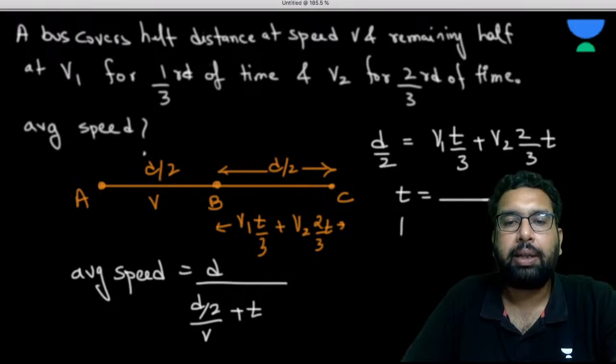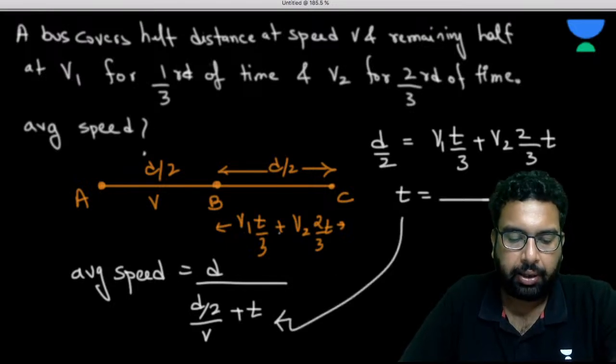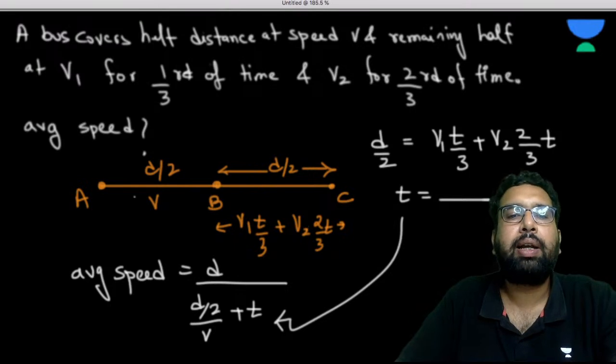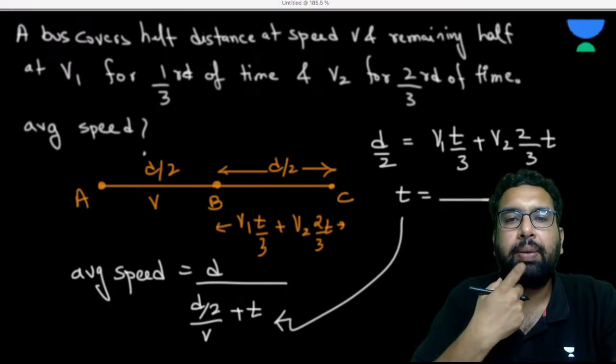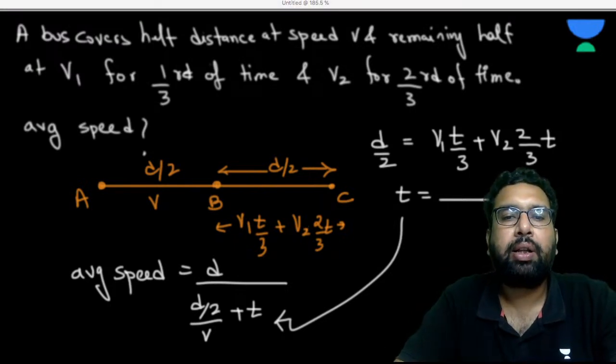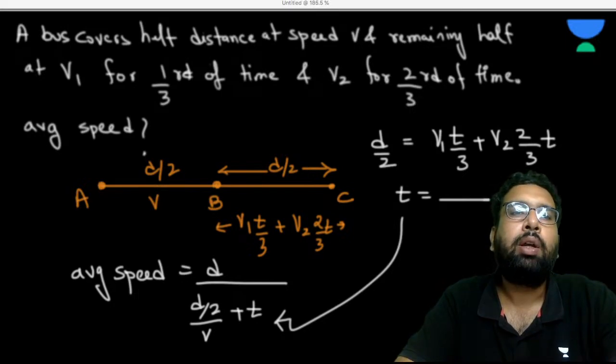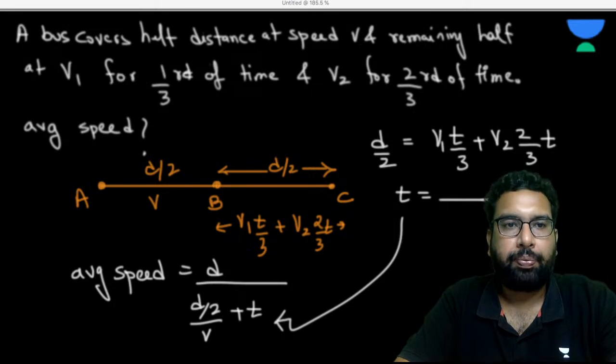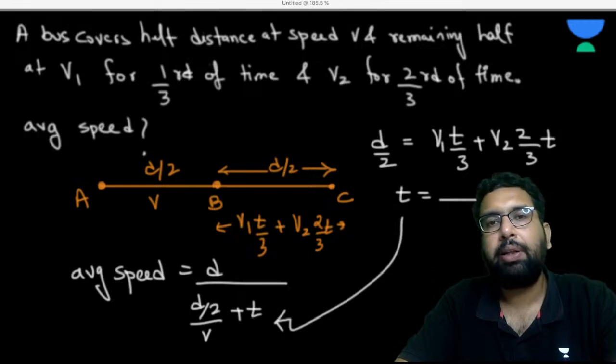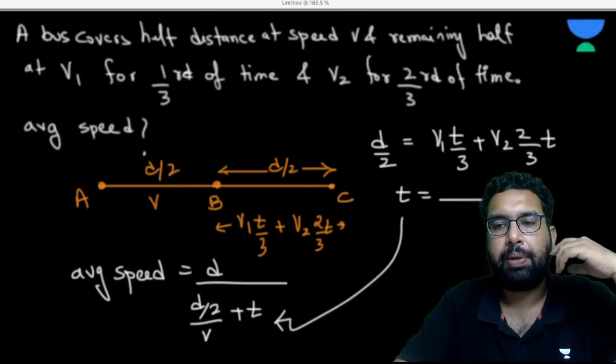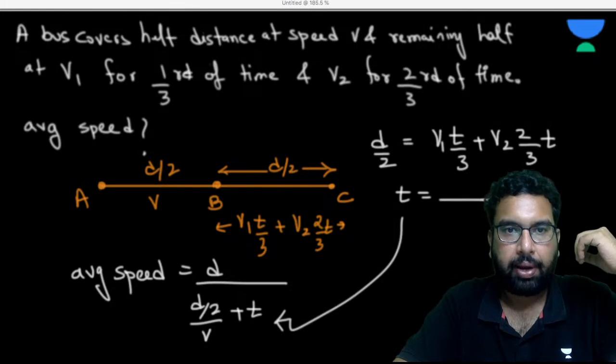So when you place it in this equation, d and d will be cancelled out, and you will be getting the answer in terms of v1 and v2. Right, guys? Yes or no? Very, very simple, isn't it?